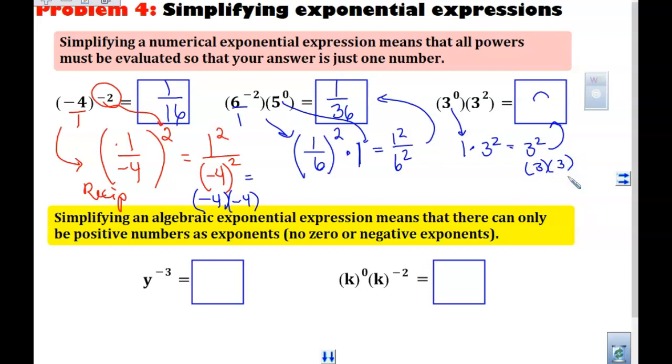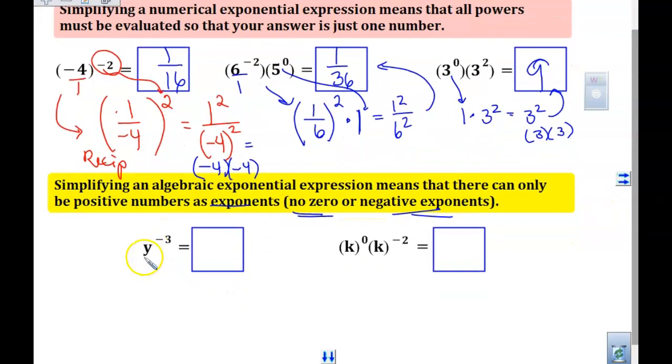If you're doing this on a quiz or a test and you're stuck, obviously you can probably use your calculator, but if not, think about what it means, and you should have 9 for that. So the bottom part, if we read that direction, it says if we are simplifying algebraic expressions, that means you can only have positive numbers as exponents, no 0, and no negative. I put that right on the top of the quiz, and I'm still amazed that people will rewrite that and not keep it in this form.